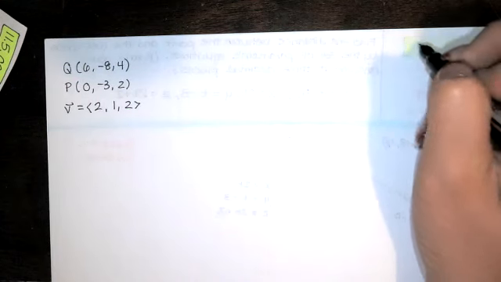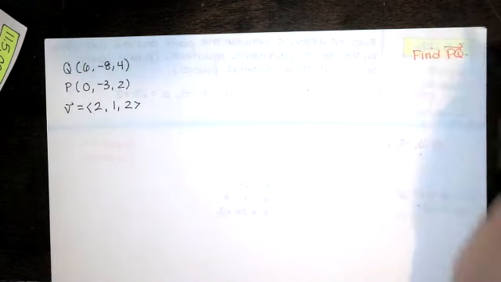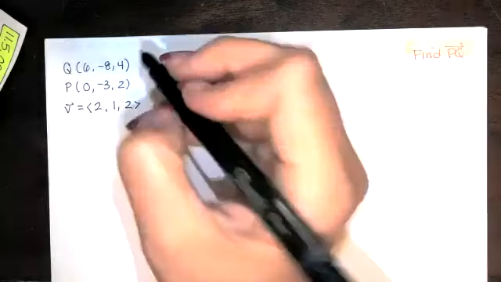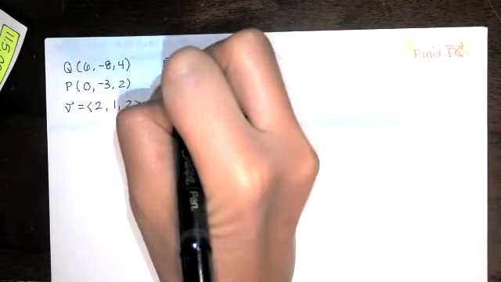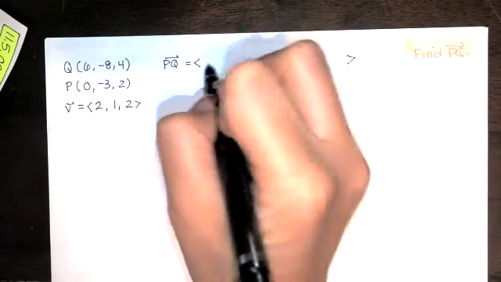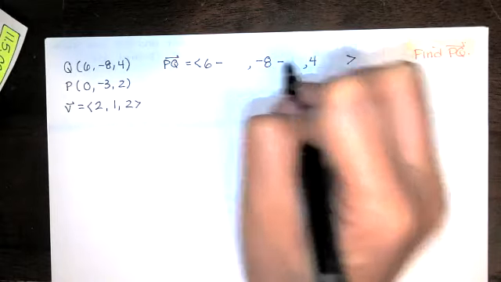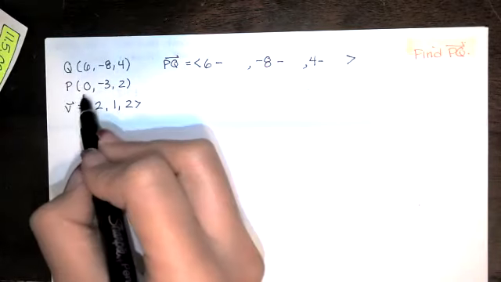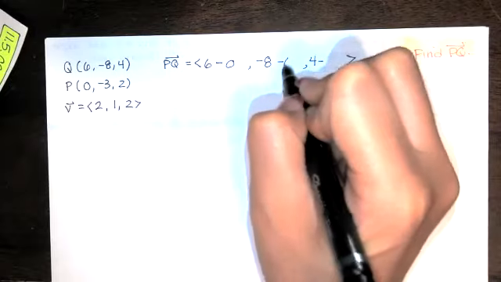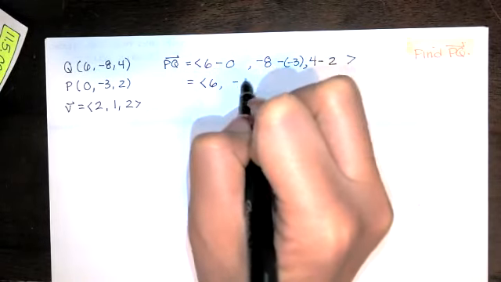Next thing we want to do is find the vector PQ. Now remember how we do that. We take the coordinates of our terminal point, which are 6, -8, and 4. And then we subtract the coordinates of our initial point. That's 0, -3, and 2. This is what we get. We get 6.